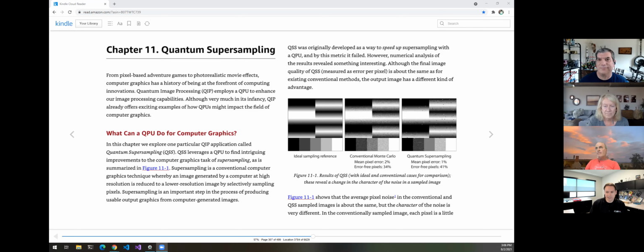So anyway, this is all on quantum super sampling. And so he's talking about what you can do for computer graphics. If you're not sure what super sampling is, computers use it all the time, definitely in video games and rendering, but it's pretty much anywhere you have graphics and you have anti-aliasing going on.